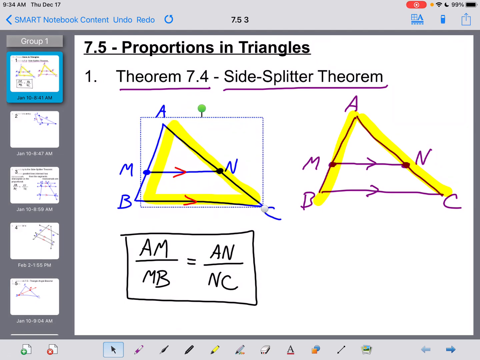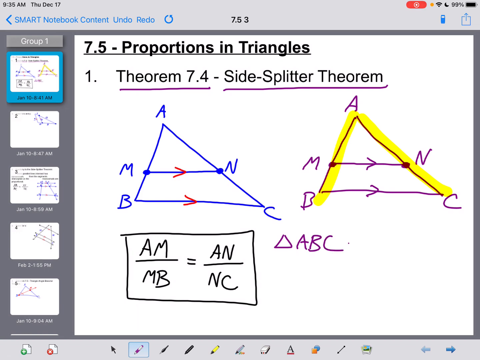Not perfectly, but basically triangle AMN, the small one, and triangle ABC, the larger one, are the same shape but two different sizes. And when that happens, I should make this note right here, triangle ABC, the larger triangle, is similar to triangle AMN.